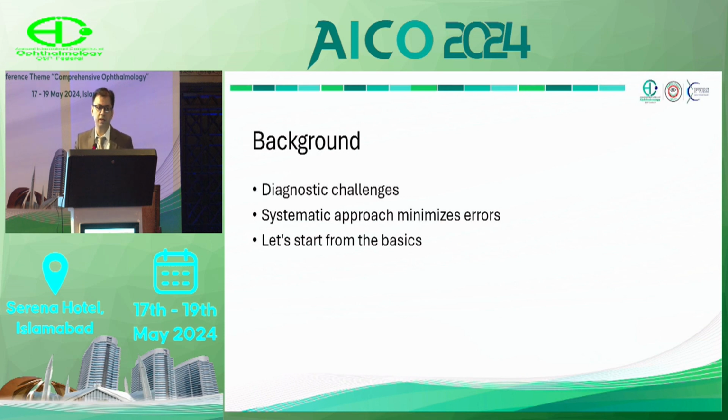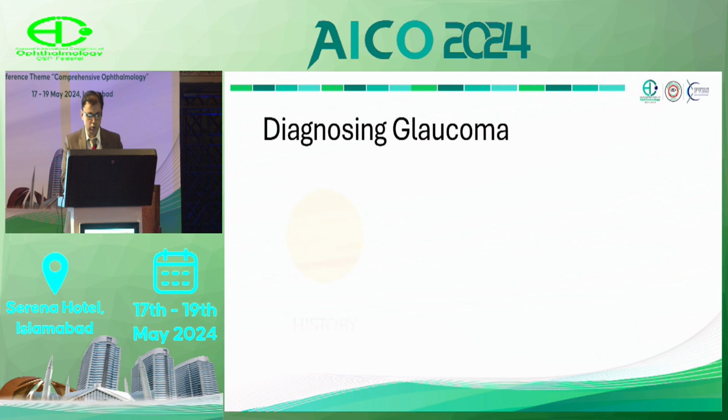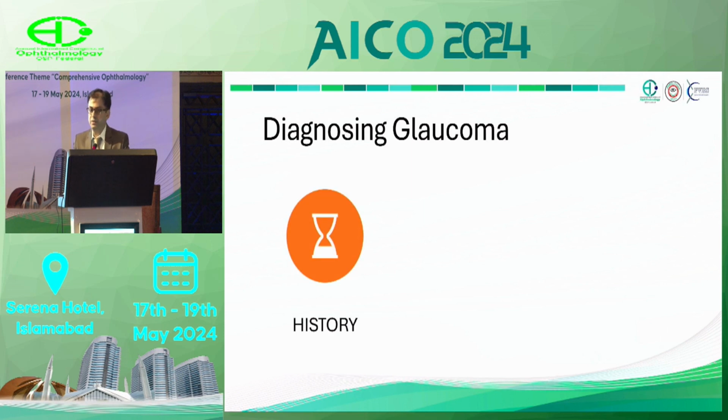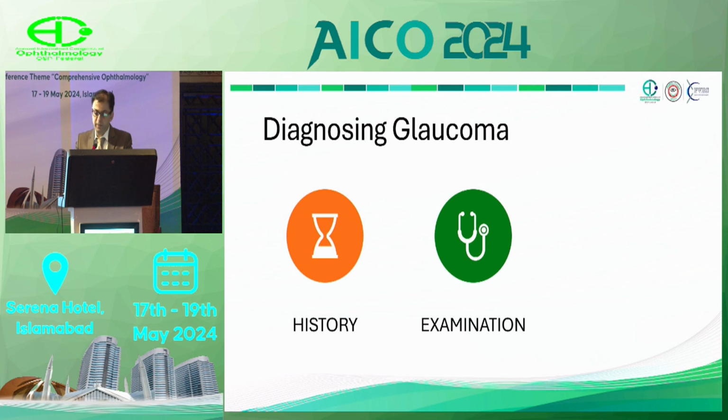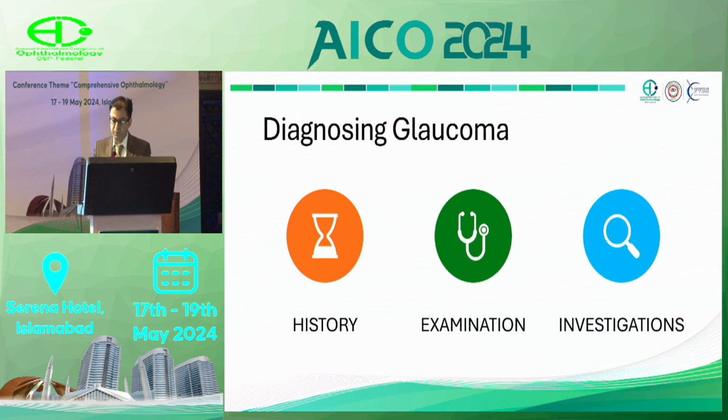What is that checklist that we should be doing so that we cannot miss glaucoma? Usually the glaucoma diagnosis depends upon a good history, a good clinical examination, and relevant investigations. These three pillars can aid in our glaucoma diagnosis and its management.